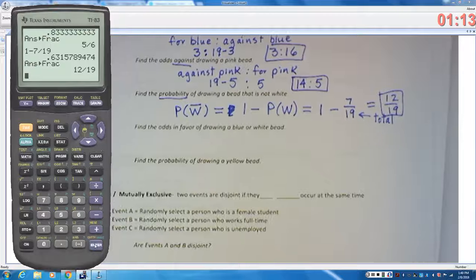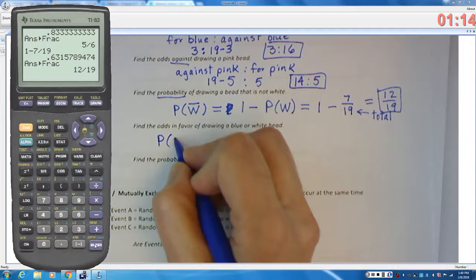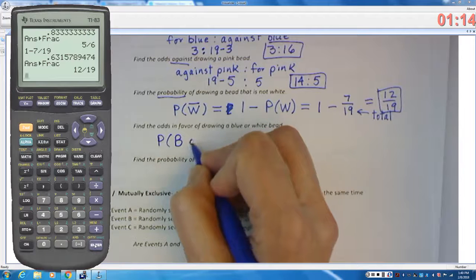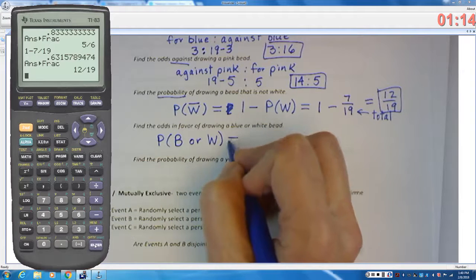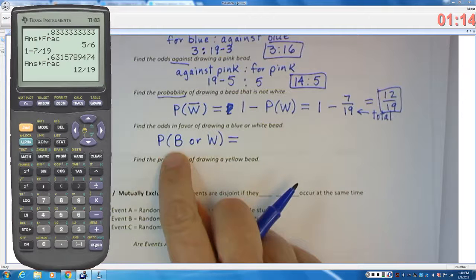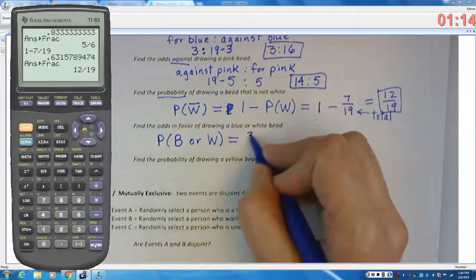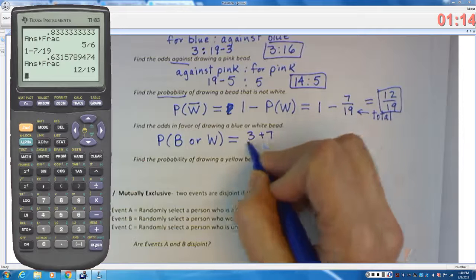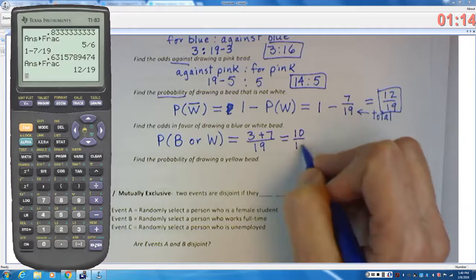Now find the odds in favor of drawing a blue or a white bead. Probability of drawing a blue or a white is the number of ways we can draw a blue or a white. There's 3 blue beads and 7 white beads over 19 is 10 over 19.